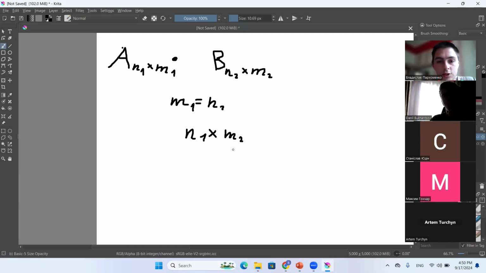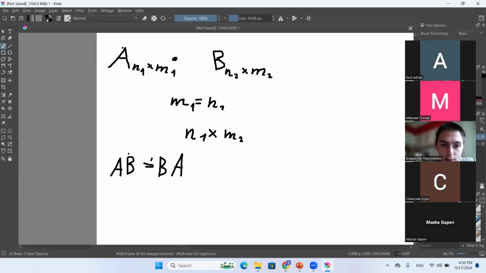So just a logical question. Are matrices commutative? So does A multiplied by B equal B multiplied by A or not? No, it isn't. Yeah, in the general case, not.